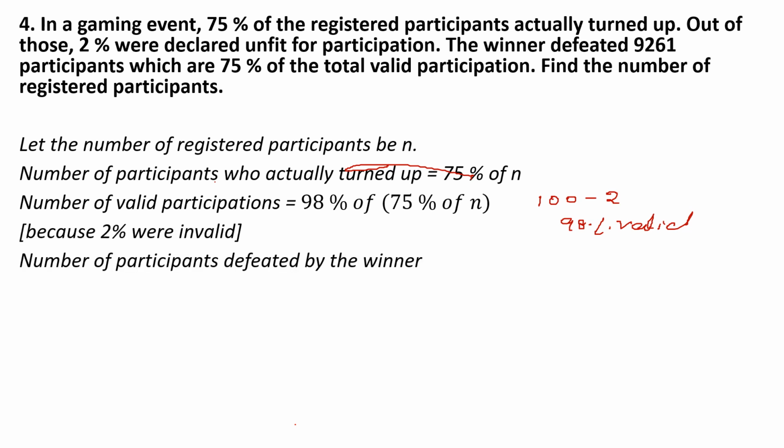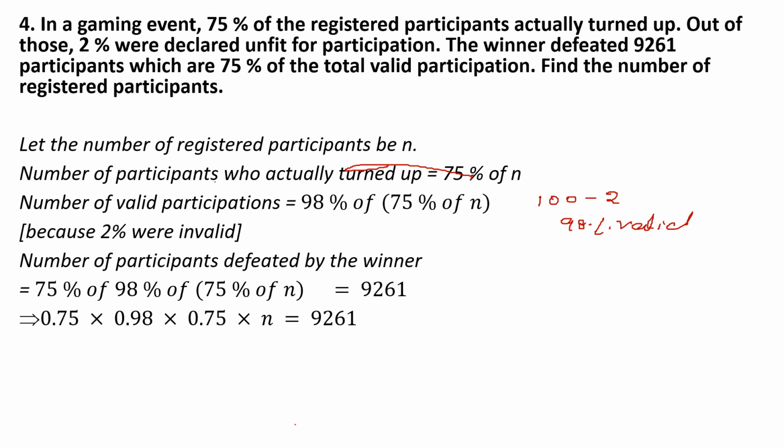Now, the number of participants defeated by the winner is 75% of the valid participation. So that is 75% of valid participants, meaning 75% of 98% of 75% of n, which is equal to 9,261, is given. Now simplify this. 75% means 75 by 100, that is 0.75. 98% means 98 by 100, 0.98.